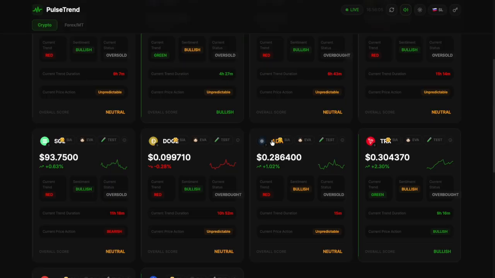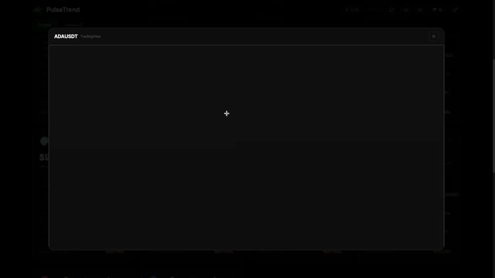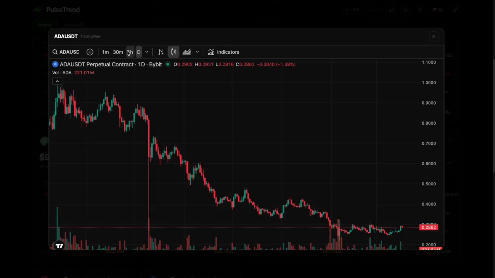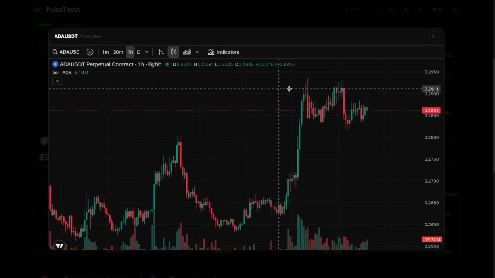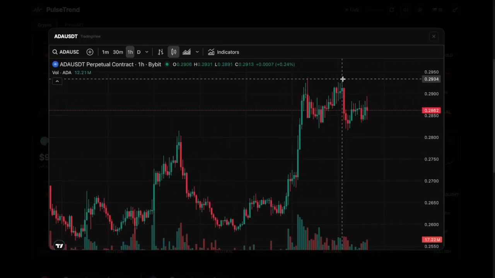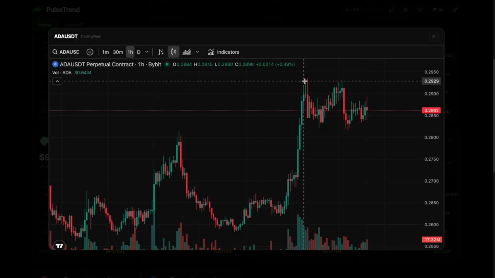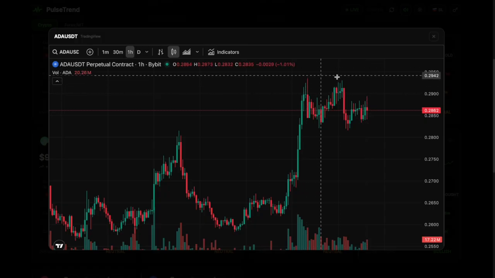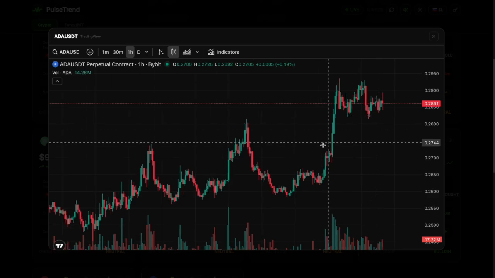And I see on Cardano, the current trend just switched into the red 15 minutes ago. It's unpredictable. Okay, so maybe I'll just quickly check. How's it looking? Okay, so we got a rejection here, and a rejection over here. So maybe I'll enter a short. I'm gonna place a stop loss over here.